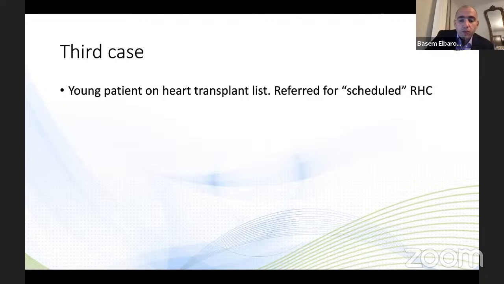So usually patients who are waiting for a transplant will come in routinely to make sure that their transpulmonary gradient is low and that their filling pressures are reasonable. And if they do get called in for a transplant, we'll always have to do a right heart cath right before their transplant to make sure that they're optimized for that.